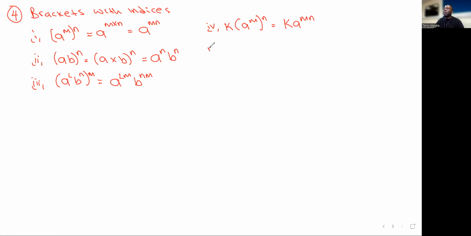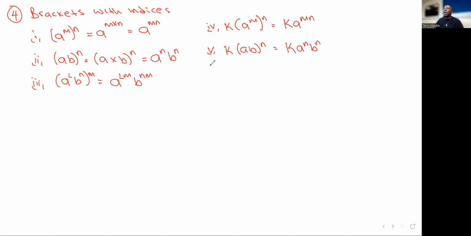Is that all right? The next one, number 5, is if we have k times ab raised to the power n. It's going to be the same answer we have, but we just put the constant outside.